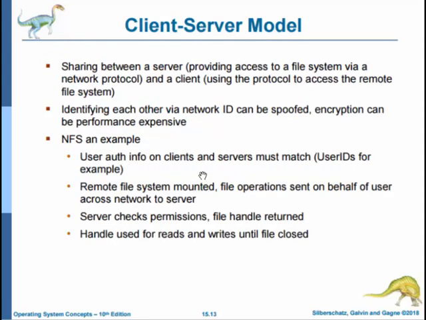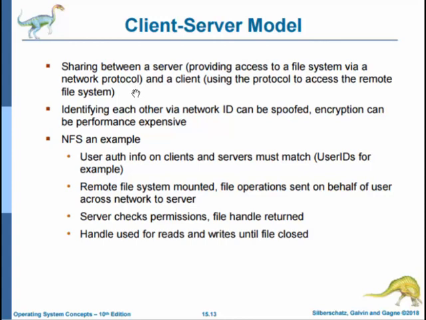Now, for the client-server model, remote file systems allow a computer to mount one or more file systems from one or more remote machines. In this case, the machine containing the files is the server, and the machine seeking access to the files is called the client. The client-server relationship is common with networked machines.